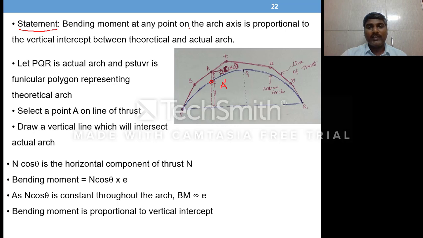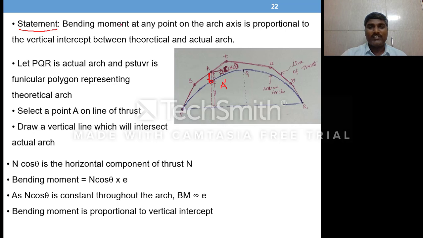So the bending moment at any point, that means A dash, on the arch axis, which means actual arch, is proportional to the vertical intercept between theoretical and actual arch. This is the vertical intercept, denoted by letter small e.